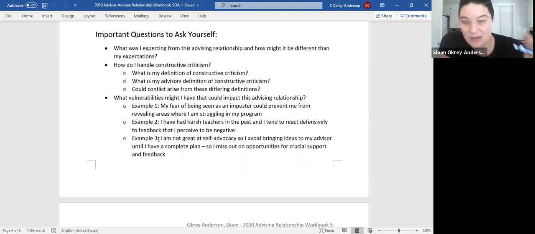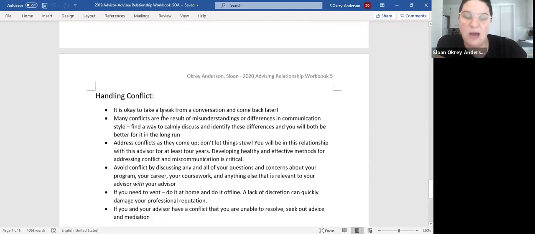So if you're not great at self-advocacy, you might tend to not reach out about something that you need, which can lead to conflict, right? So knowing these things and looking out for them when you come in is really helpful.